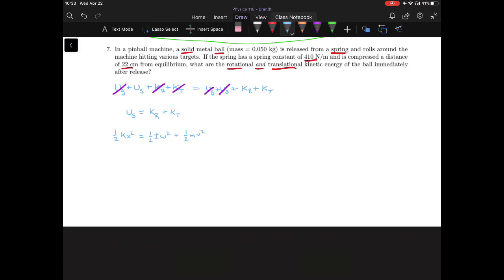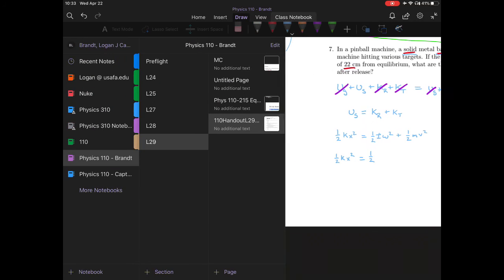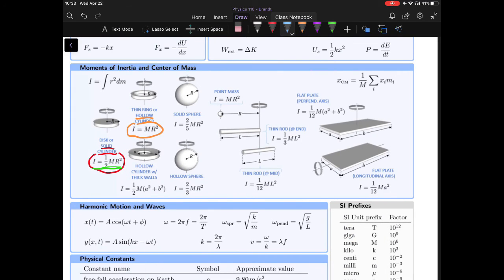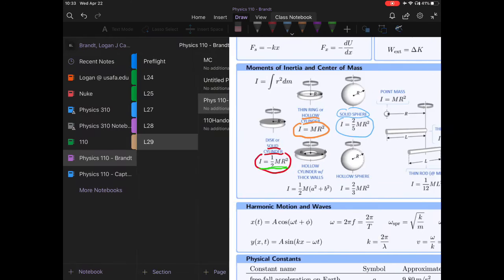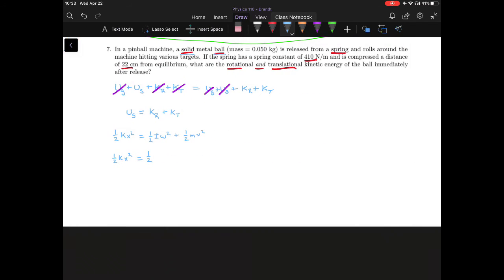Now, we'll simplify this just a little bit further. 1/2 I, so this is a solid ball here that we have to look up. So if we go to our equation sheet, we've got a solid sphere, or 2/5 mr squared for I. So in this case, we have 2/5 mr squared, and then omega squared.